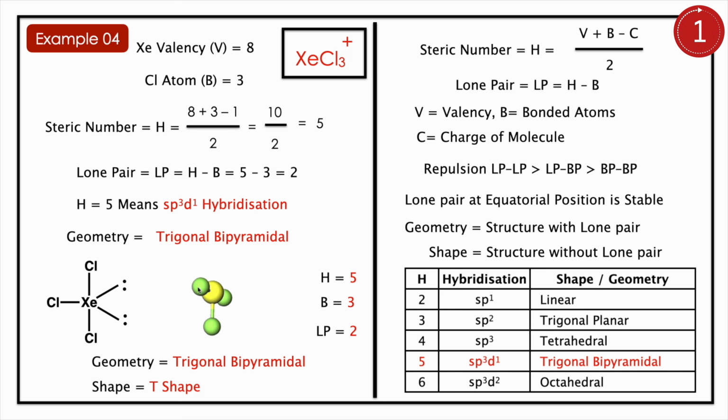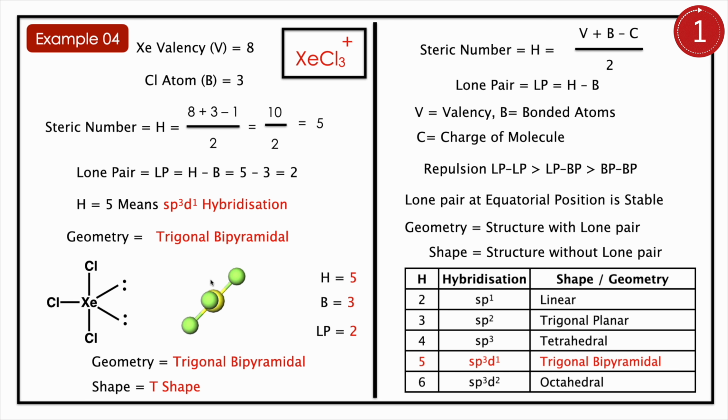Then the fourth example, XeCl3 plus. Here the central metal atom is xenon, which is an inert gas. So valency is 8. Bonded atoms are chlorine. So 3 bonded atoms, so B is 3. Steric number will be H equals 8 plus 3 minus 1 by 2, which is 10 by 2, 5. Lone pair will be H minus B, which is 5 minus 3 gives 2.